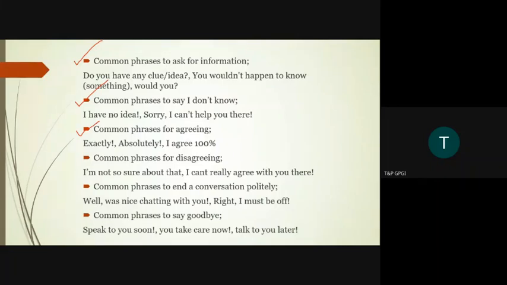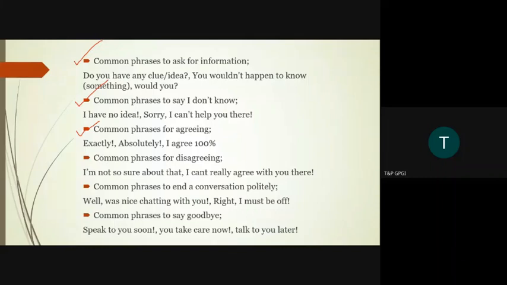Or if you completely agree with someone, you can say, I agree 100%. This journey was far too long. I agree 100%. This journey was far too long. I agree 100%.